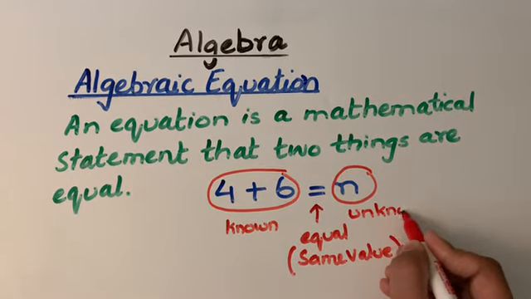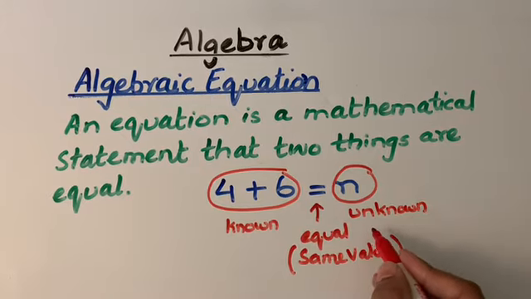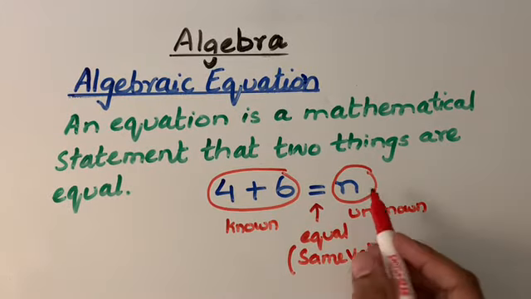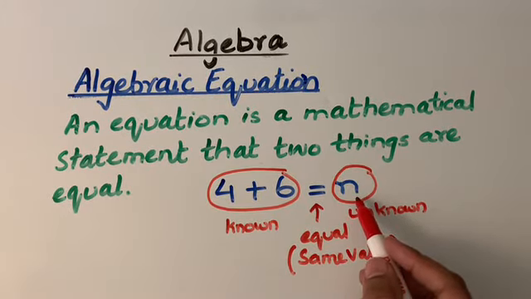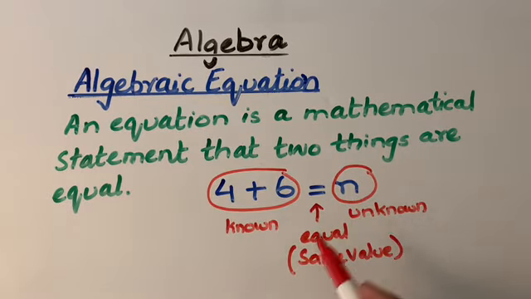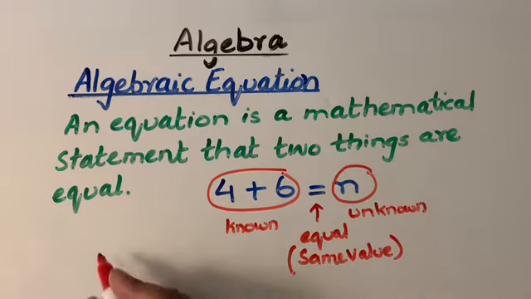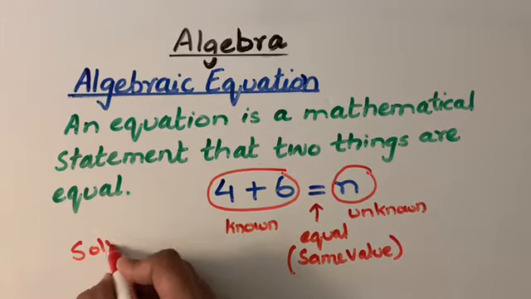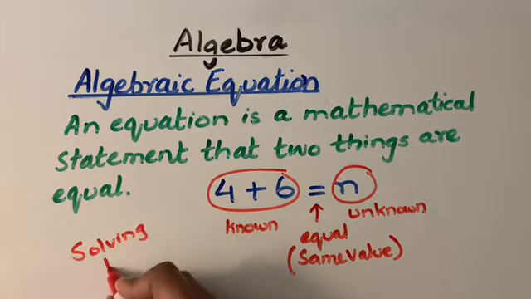So what do we have to do? We have to find the value of this unknown in this algebraic equation. This is our goal, to figure out what the unknown value in this equation is. And when we do that, it is called solving the equation.